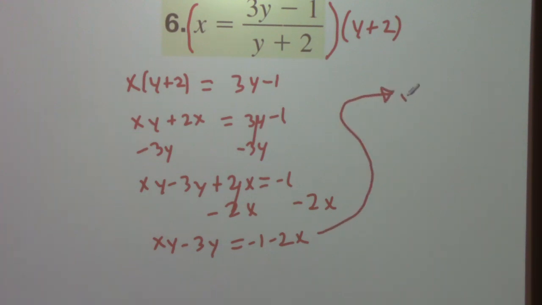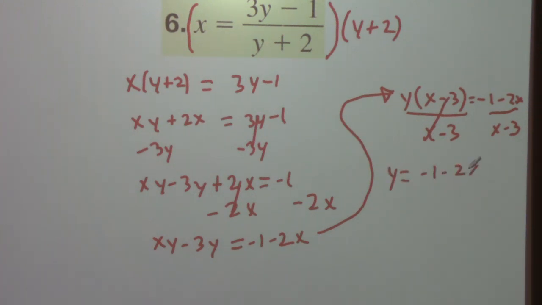We're going to say y times x minus 3, is that right? Yes. Equals negative 1 minus 2x. And then divide by x minus 3, and then we have y is equal to negative 1 minus 2x over x minus 3.